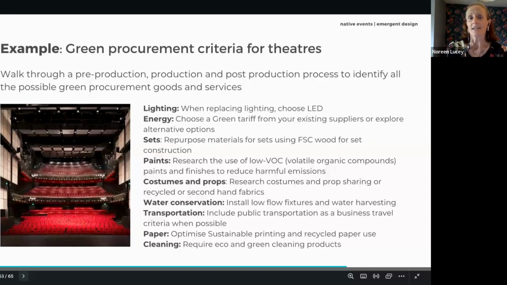We looked at lighting and energy, the sets, the paints that are used, the costumes and props. We looked at water conservation, transportation, the use of paper and cleaning products. We tried to understand what that green procurement criteria would look like. We could have added a lot more, but it was just for us to start thinking about this process if we were a theatre organisation.